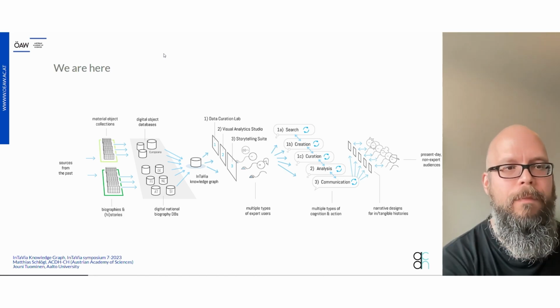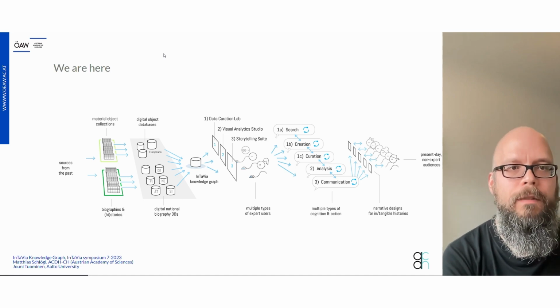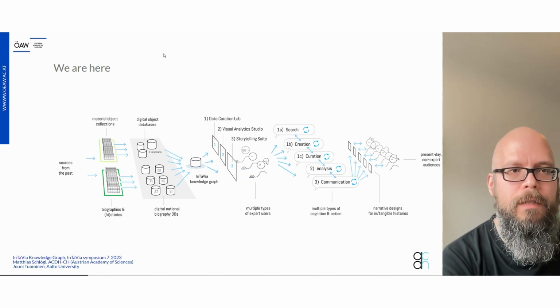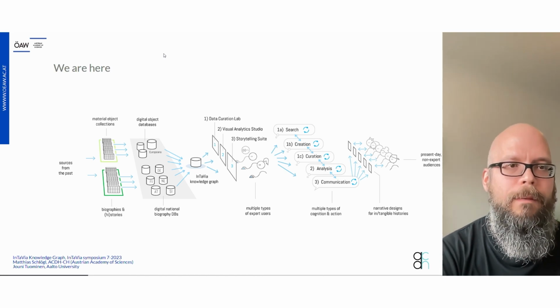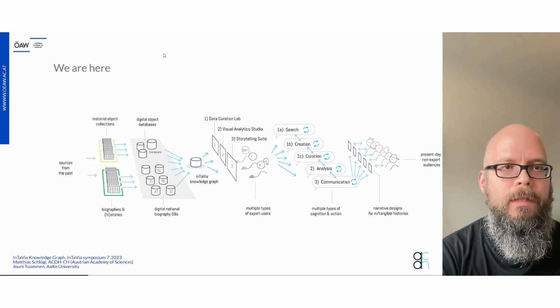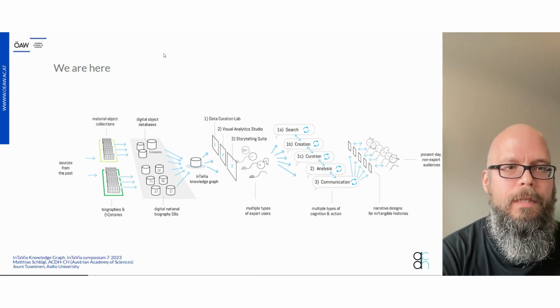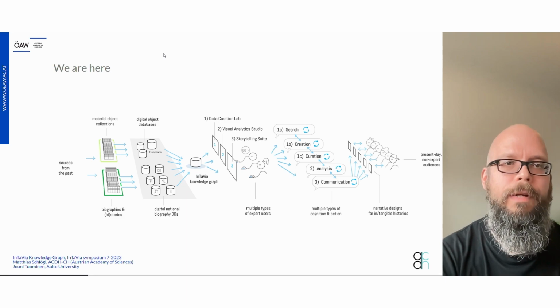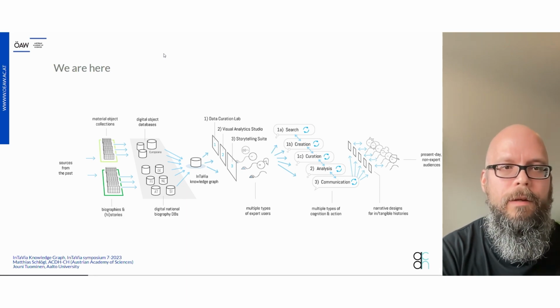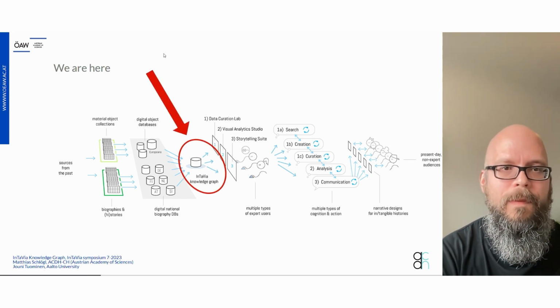So looking at the overview of InTaVia that Eva already showed us, on the left-hand side we can see the sources from the past that in our project are in the form of digital databases, which are then ingested and aggregated in one InTaVia knowledge graph. Next slide.